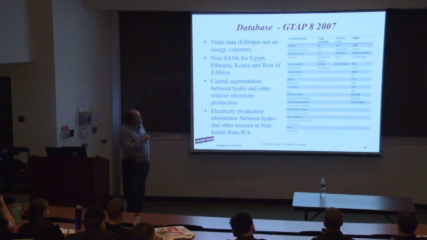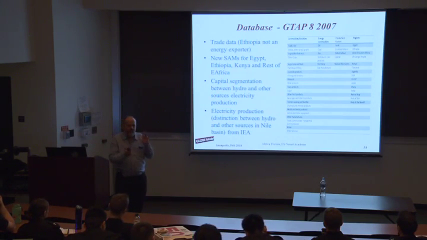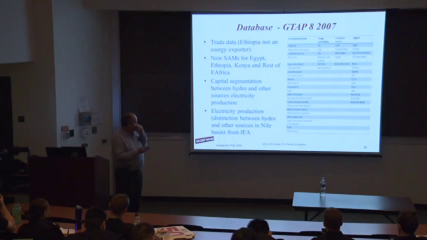What we've done is we've taken this database and we've replaced the data within country with detailed data for Egypt, Ethiopia, Kenya, and the rest of East Africa. The reason is this database doesn't have enough detail on those particular countries for what we want to analyze, so we can get a handle on it. And the other thing we've had to do that this database doesn't do is it doesn't distinguish between different ways of generating electricity.